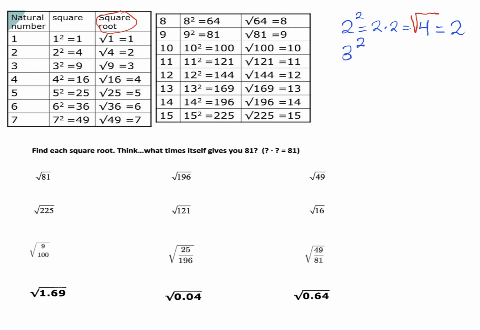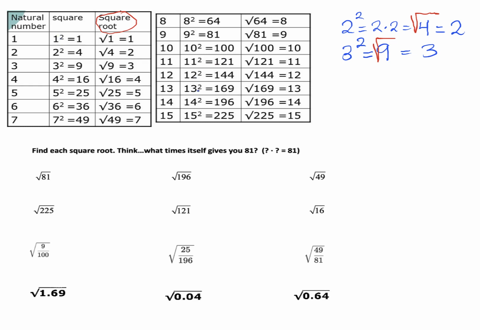3 squared is 9. Now, if I take the square root of 9, my answer would be 3. What number multiplies itself to give you 9? Your answer is 3. You should memorize your perfect squares all the way to 12.